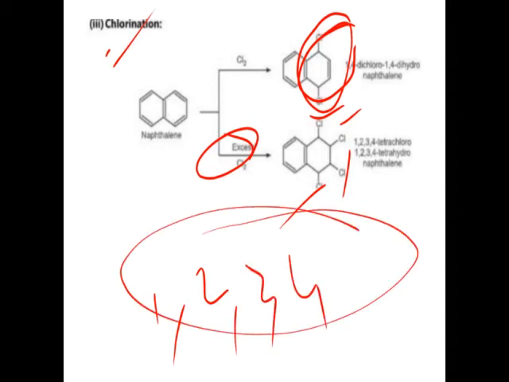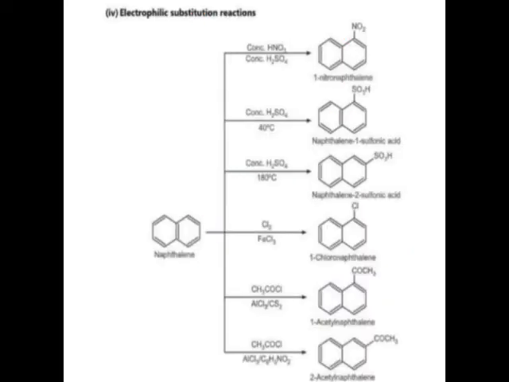So depending upon the reagent, if we use chlorine in a specific amount, we get the 1,4-dichloro. If we use the excess, we get the 1,2,3,4-tetrachloro-1,2,3,4-tetrahydronaphthalene. So that is the third reaction, that is chlorination.